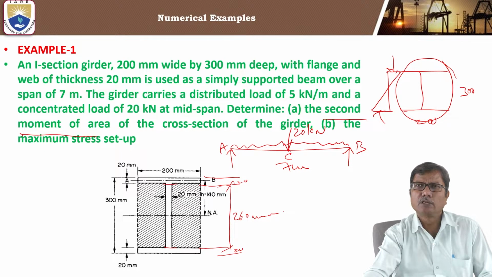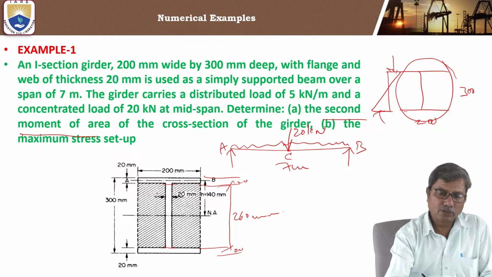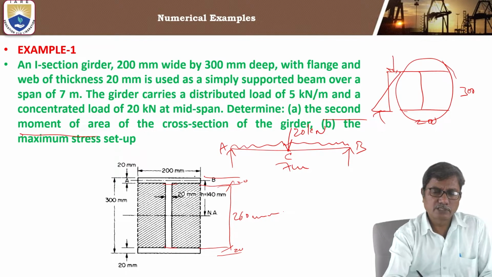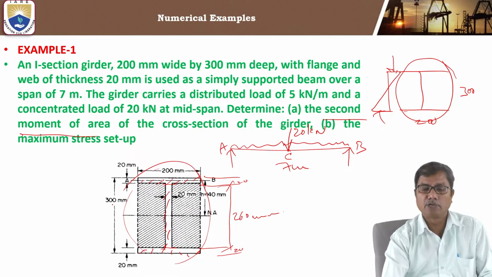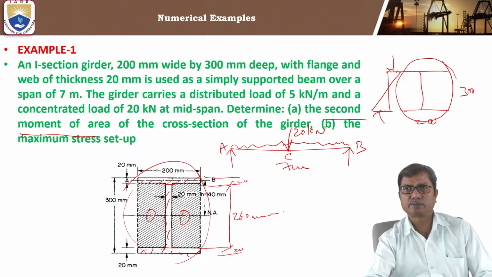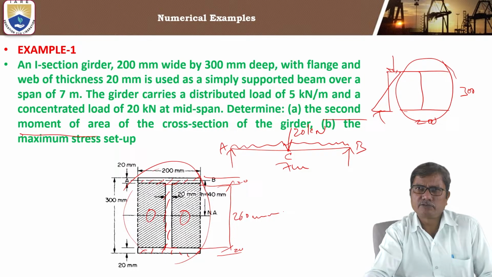Or we can consider the entire rectangle including the shaded portion, and find the moment of inertia of this I section as the moment of inertia of the entire rectangle minus that of the shaded portion. That also gives the second moment of area of the given section.